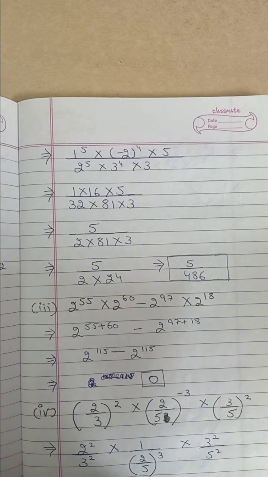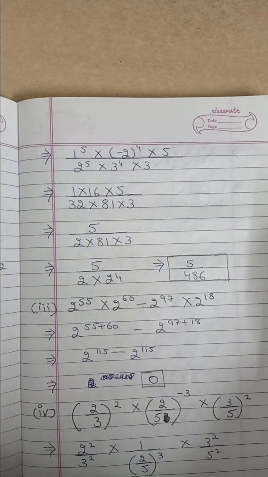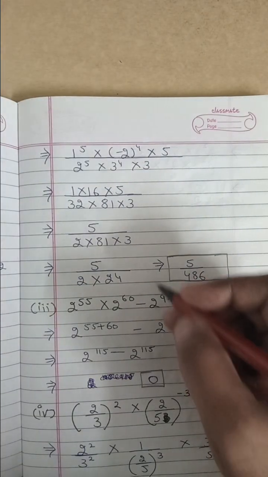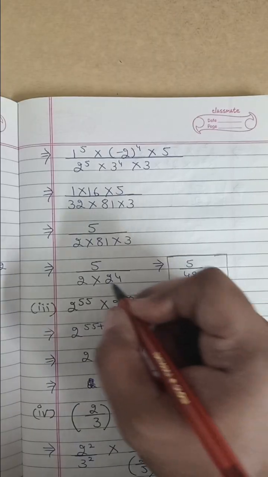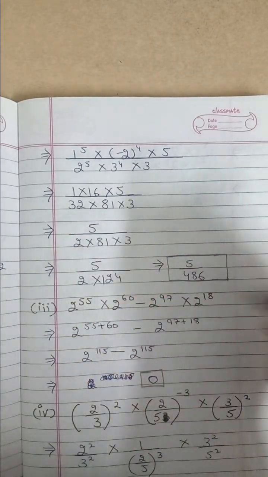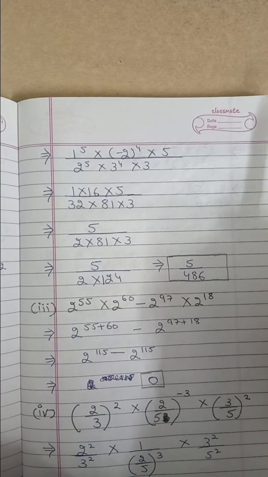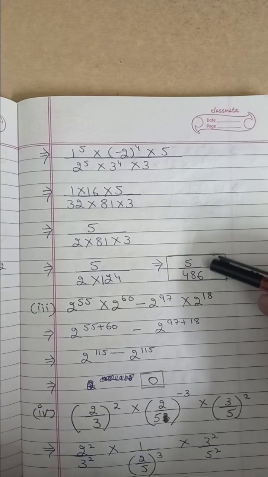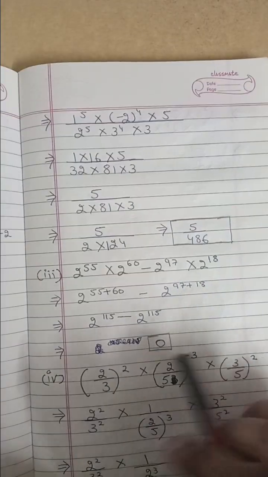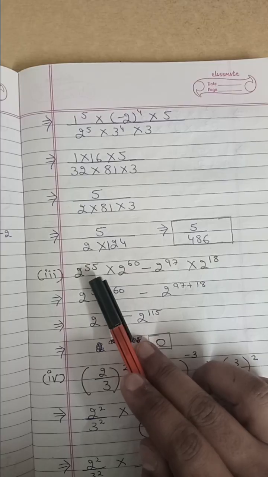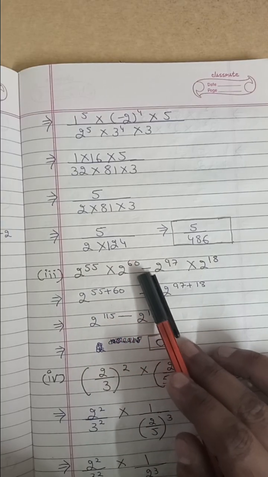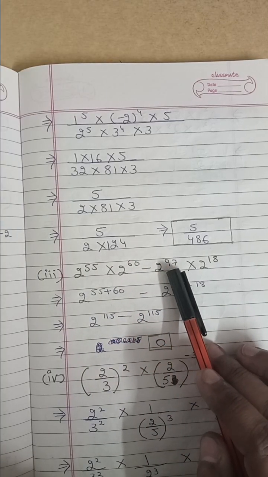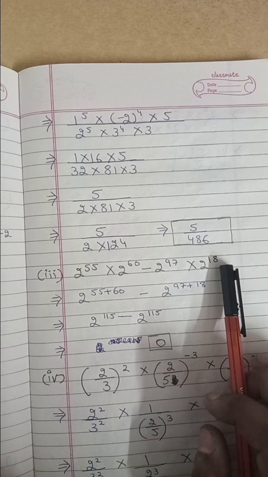Which becomes 5 upon 486. Third, 2 raised to power 55 into 2 raised to power 16 minus 2 raised to power 97 into 2 raised to power 18.